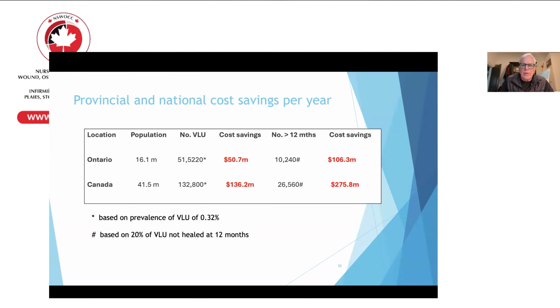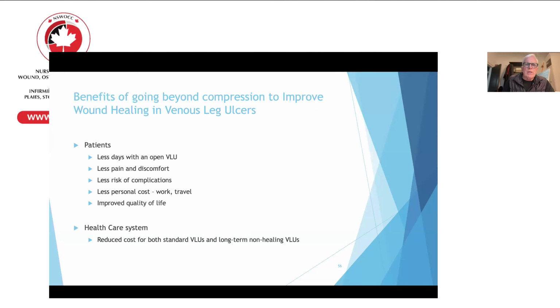So if you put those together, you'll see that potentially across Canada, you can save more than $400 million per year in adding this to standard of care compression. So the benefits really of going beyond compression, which is something that Hippocrates was doing 2,500 years ago. It's about time we started using things that actually add to compression.